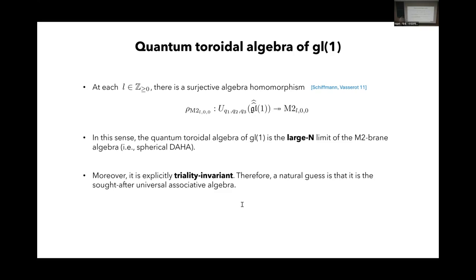So I'm saying the natural guess for this universal algebra is the quantum toroidal algebra, because for the M2-brane algebra you should have some universal algebra that surjectively maps to the M2 algebra. So U_{q_1,q_2,q_3}(gl_1 double hat) is a nice candidate for this universal associative algebra.